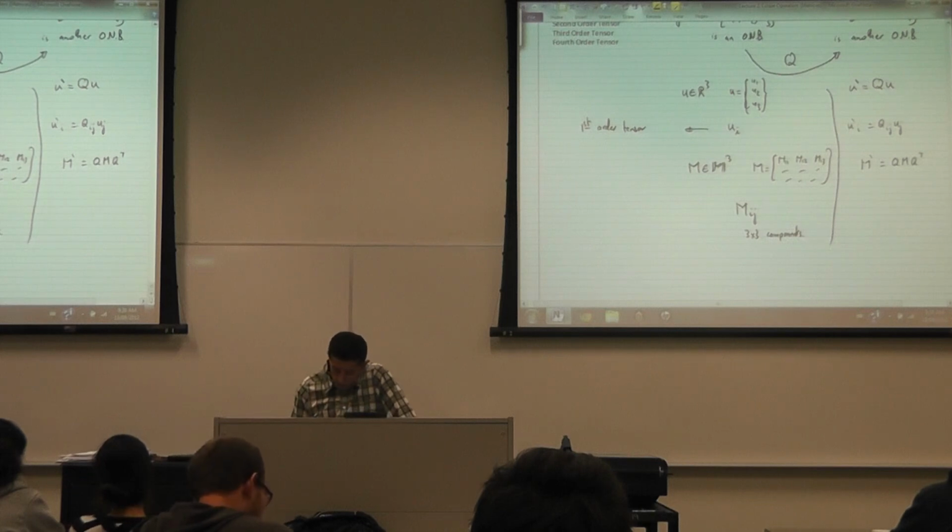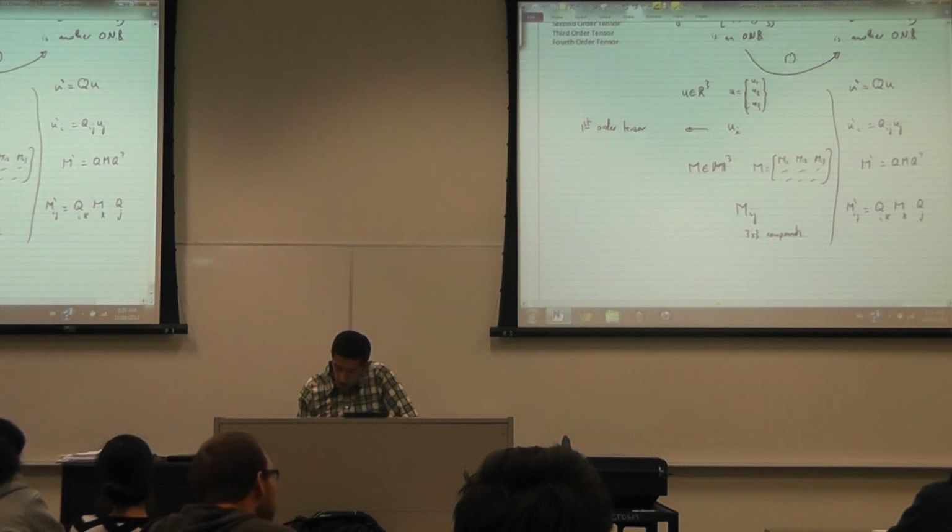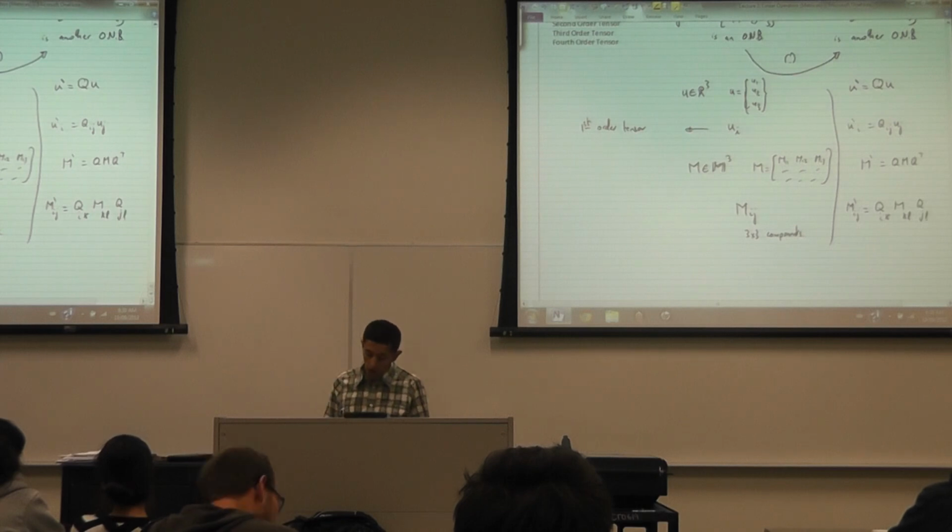M prime ij is equal to Q M Q transpose. i goes to the first, j goes to the last, but because it's transpose, it's going to be here. And then in the middle, M_kl. This is called the second order tensor.